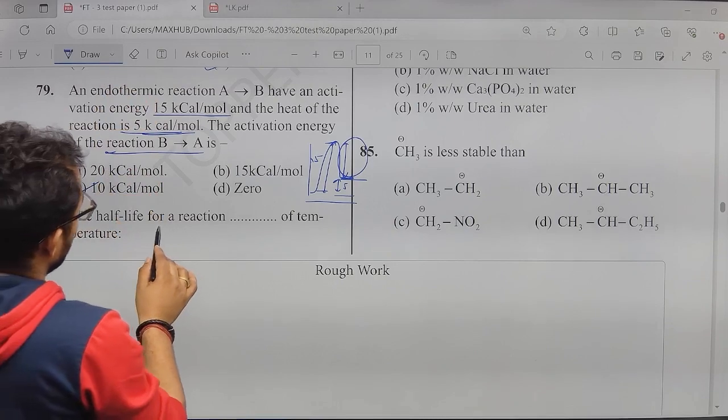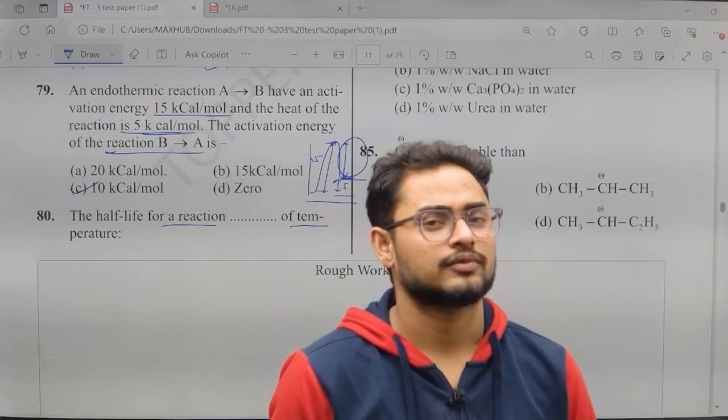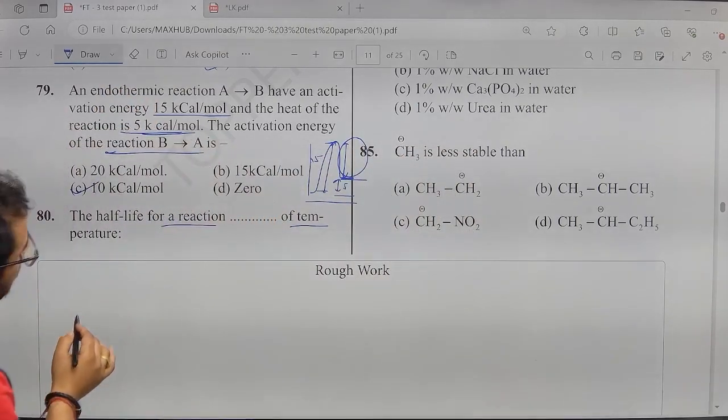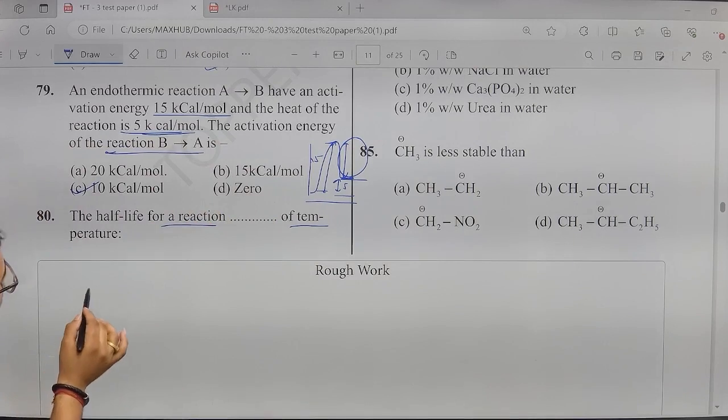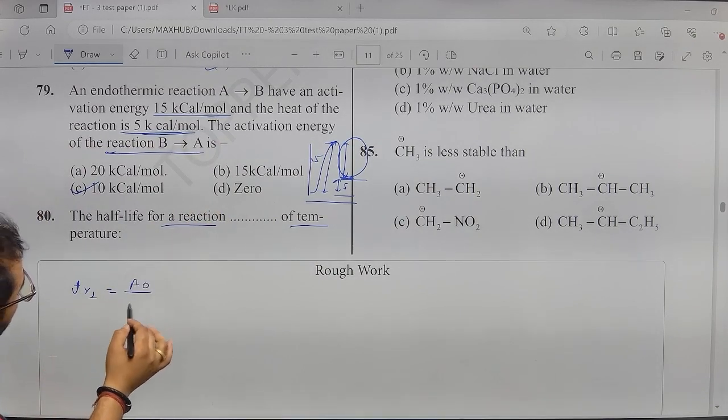The half-life for a reaction at temperature: what is the relation between half-life and temperature? The half-life of a zero order reaction is T half equal to A naught upon 2K.